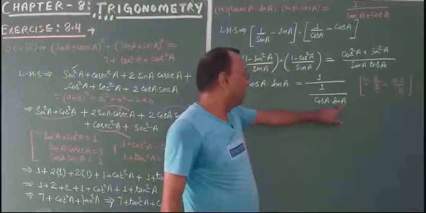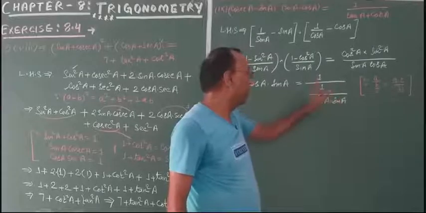If we write this, this will become here cos A into sin A upon 1.